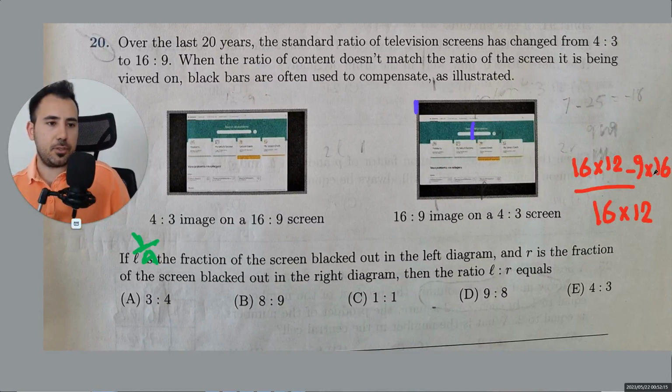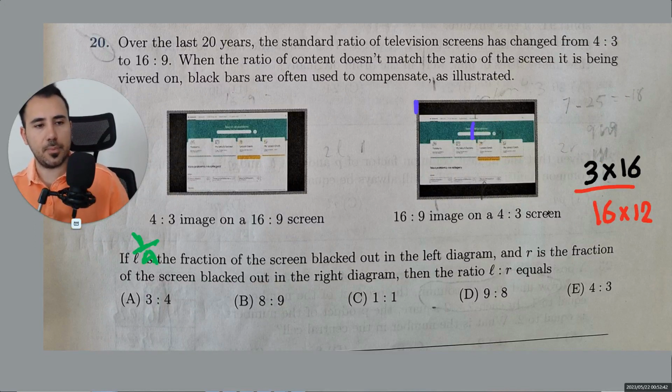The 16s are the same, so let's factorize it and take it out. It's going to be 16 times 12 minus 9, right? We're just talking about the numerator here. So it will be 3. So instead of all of this, I'm going to write 3 times 16. As you see, this and this cancel.